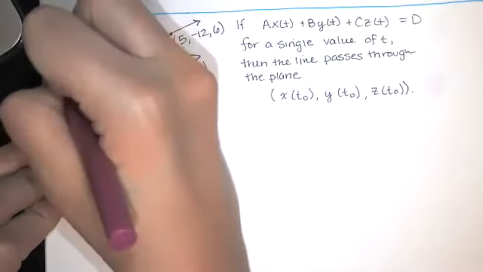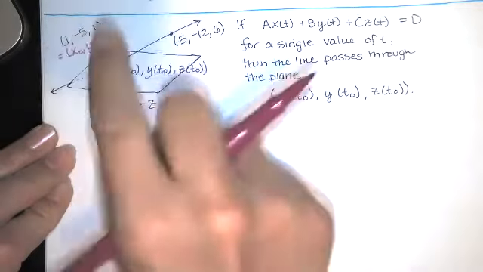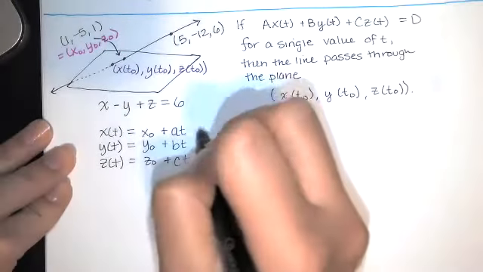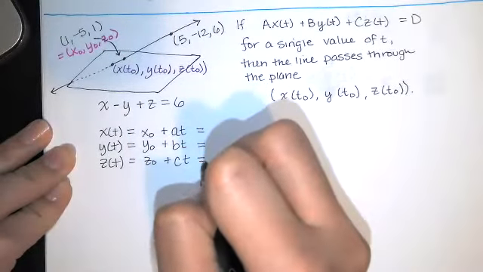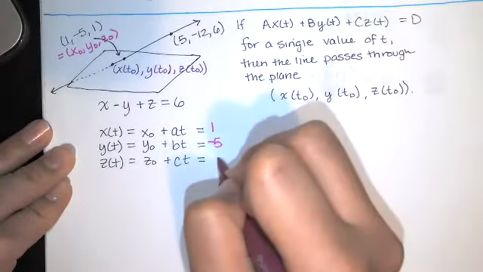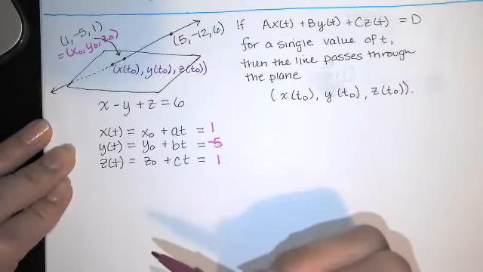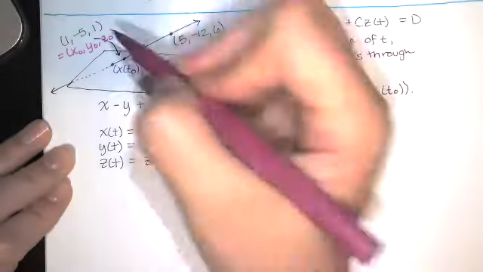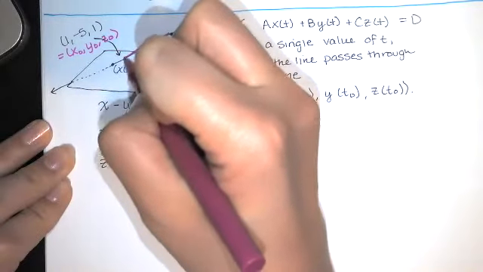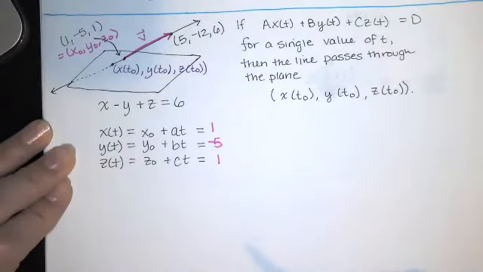Okay, so I think I'm going to use this as my x naught, y naught, and z naught. It's arbitrary. You could just as easily have used that one. So x naught, y naught, and z naught are 1, -5, and 1. And then we need the direction vector of the line. Now this wasn't given to us, but we can easily find it by finding a vector that goes from this point to this other point. Let's let that be our v.